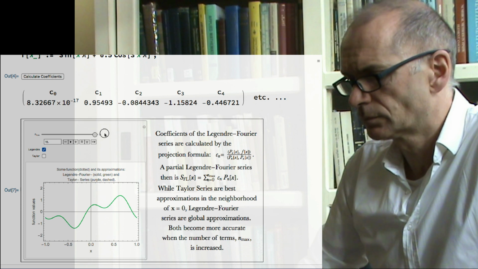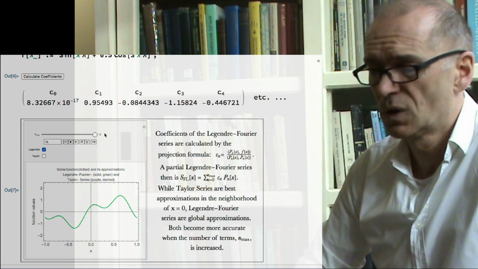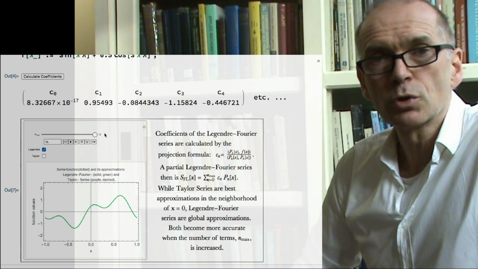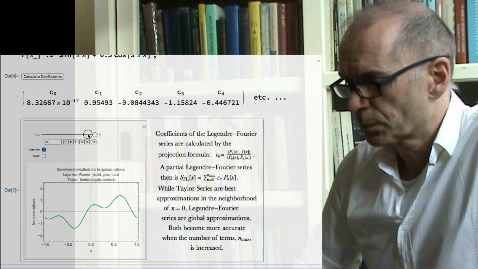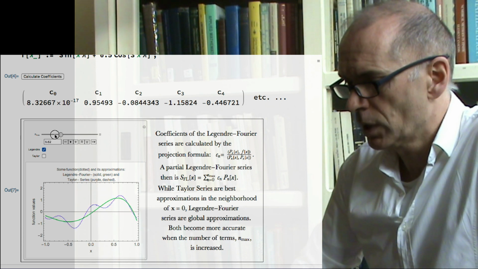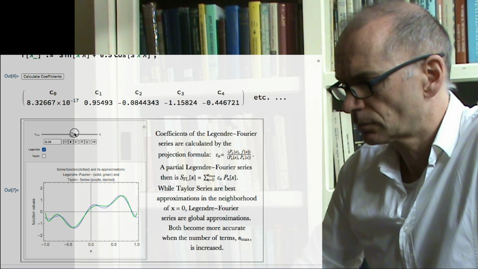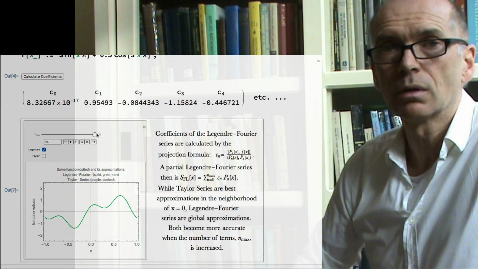If I include 15 terms, you no longer see the difference. So it is indeed possible, and it does converge, as you see. If I add more terms, I get a more accurate approximation of that function, and if I add sufficiently many terms, it becomes really accurate.